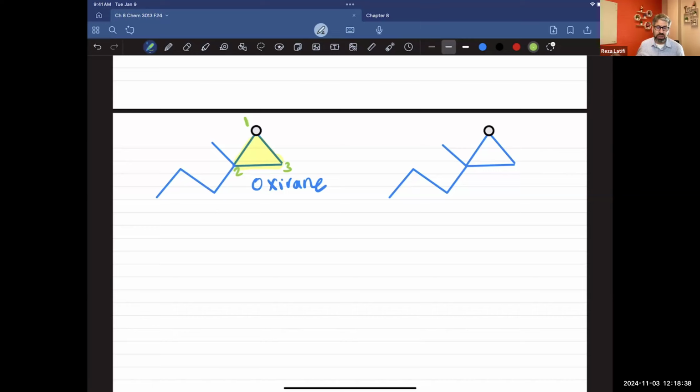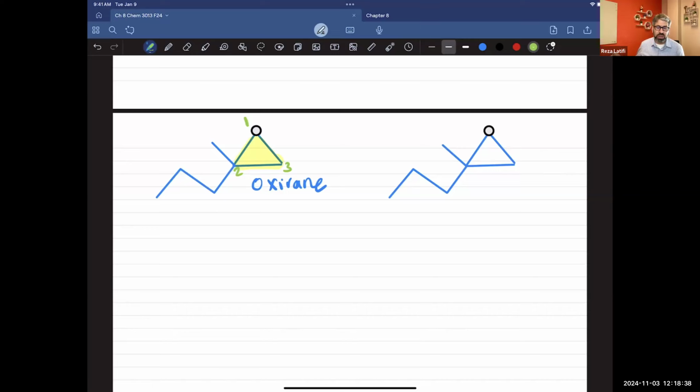Here, if we want to label this one, the longest chain will be this one. Why did I decide to go after this one and not this one? Because I want to include the oxygen also. I need to include the epoxide in my longest chain. So I go 1, 2, 3, 4, 5. What do we have?